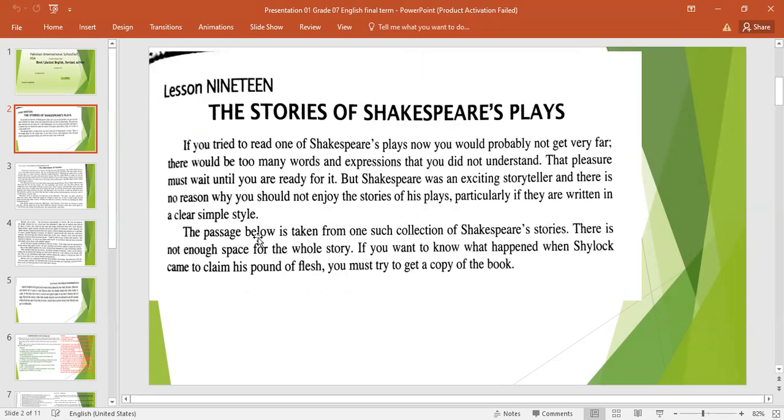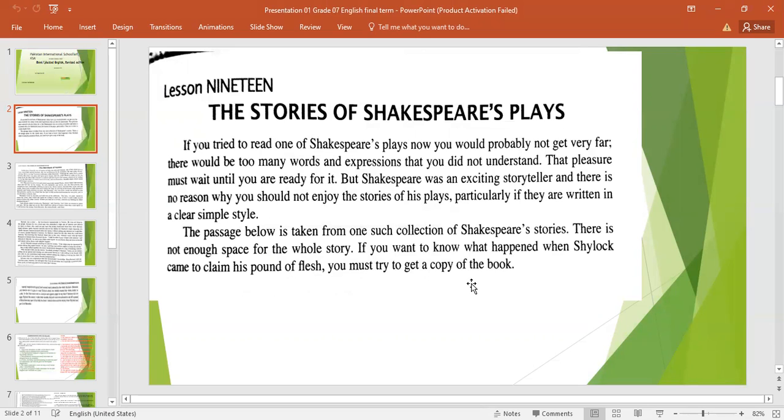The passage below is taken from one such collection of Shakespeare's stories. There is not enough space for the whole story. If you want to know what happened when Shylock came to claim his pound of flesh, you must try to get a copy of the book.